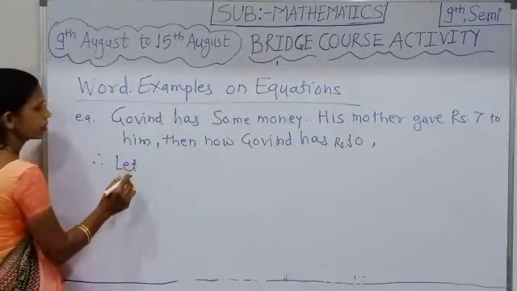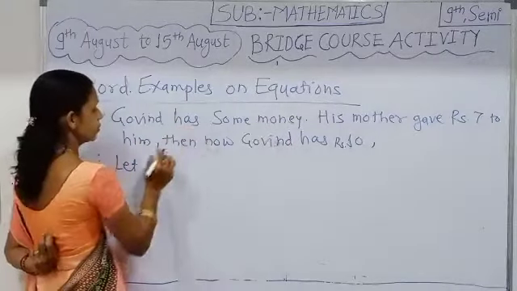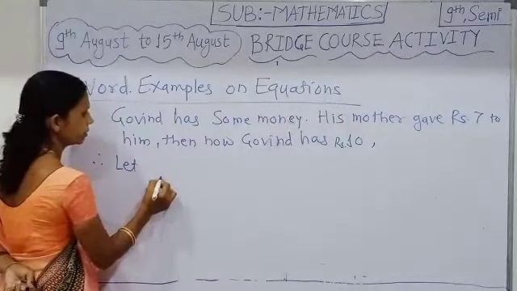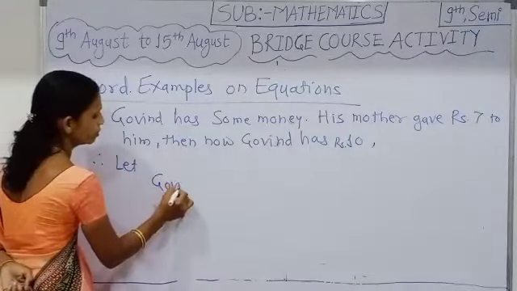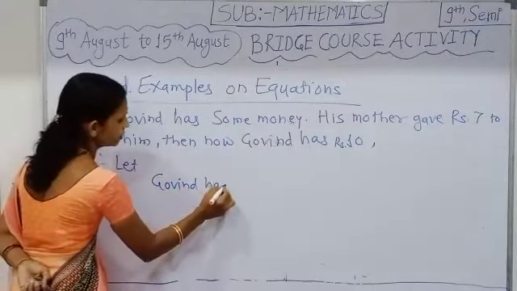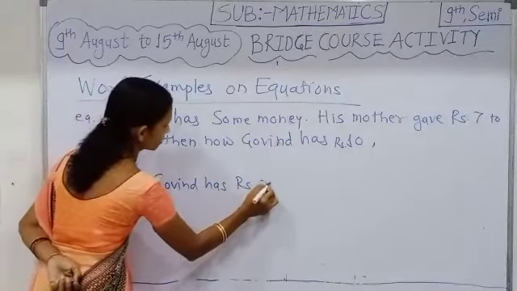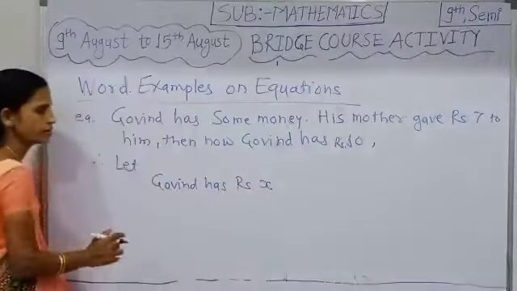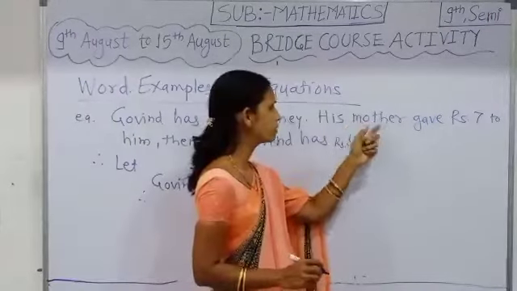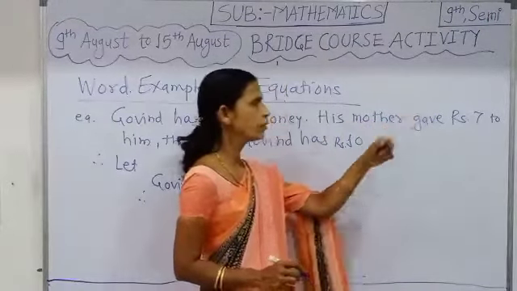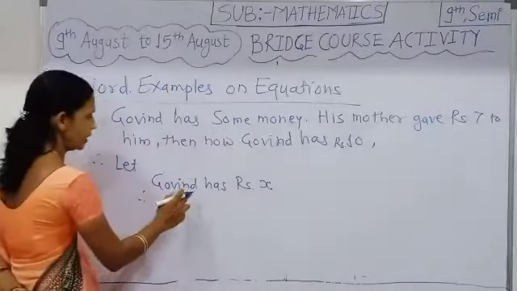Let us consider at first Govind has some money, that is Govind has rupees x at the start. Then according to the given condition, his mother gave him rupees 7.